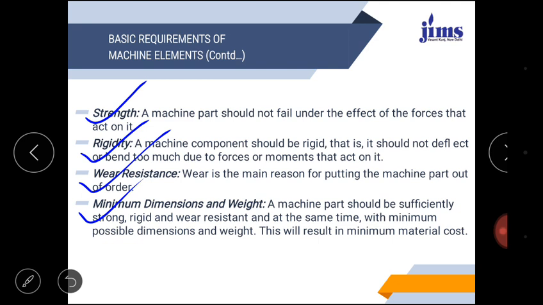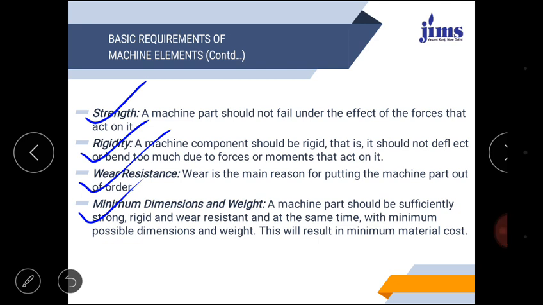A machine part should be sufficiently strong, rigid, wear resistant, and at the same time with minimum possible dimensions and weight. Obviously you should not go for a heavy and bulky machine element if not required, because if it is bulky, it would be heavy, and its dimensions would be more, then it would have some inertia, it would have some resistance to being operated.